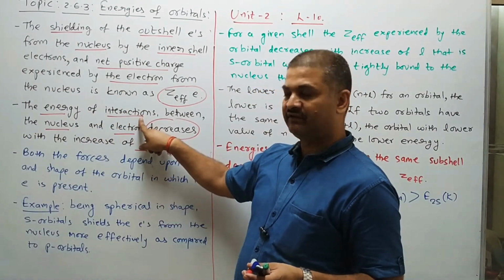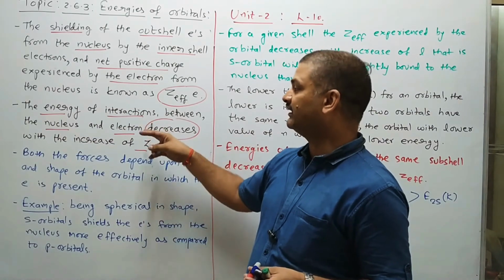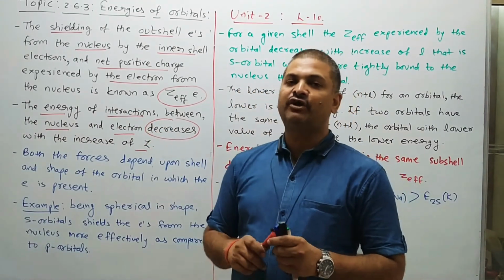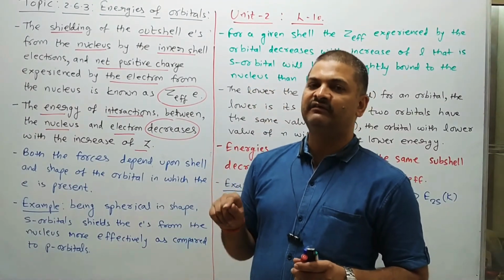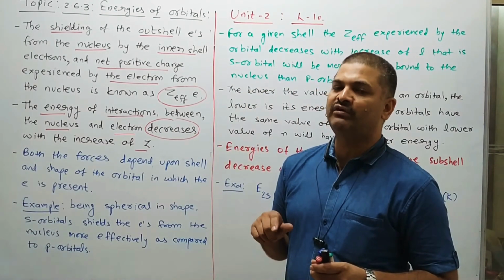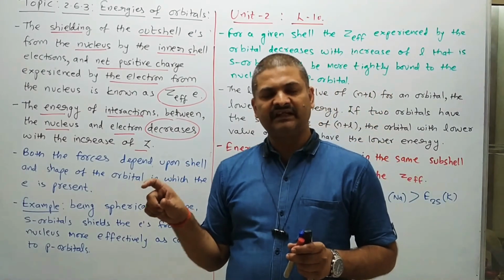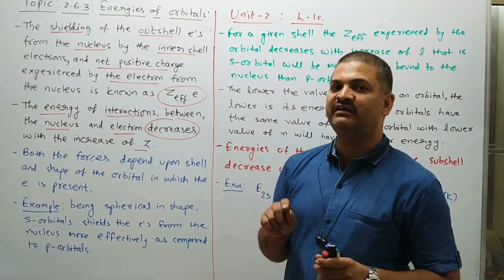Energy of interaction between the nucleus and electron, मतलब nucleus and electron, will decrease with the increase of atomic number. It means if number of shells will increase between nucleus and outermost shell, then size will increase, and if size will increase, then nuclear attraction will decrease.